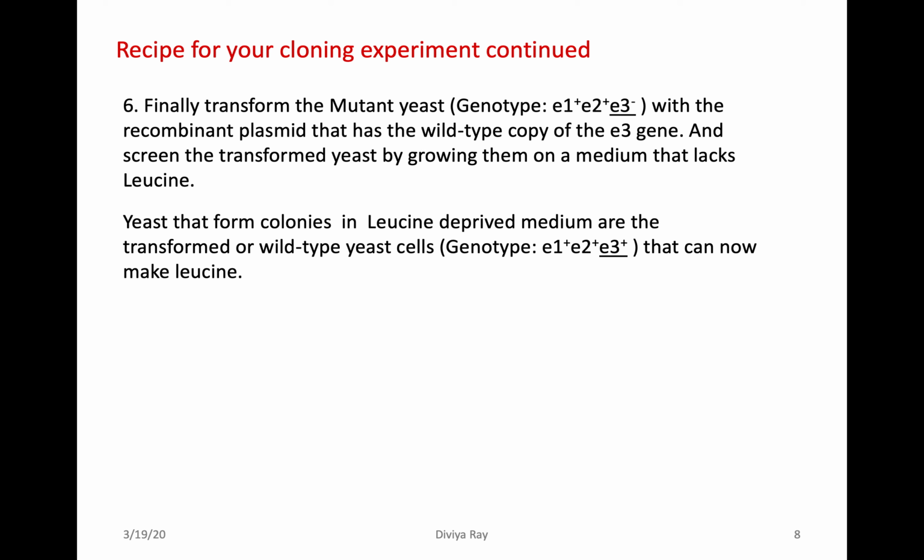Any colony that grows on the growth medium that lacks leucine is a colony that is now capable of synthesizing leucine. So it is representative of the colonies that were initially mutant yeasts, but have now been converted into the wild type yeast.